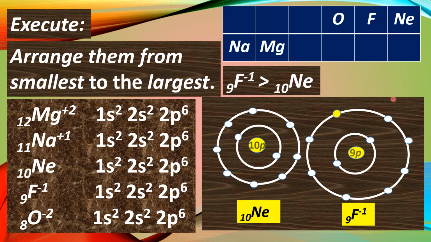And this results in greater repulsive forces among the 8 electrons. And with less nuclear charge, because only 9 protons are in the nucleus, this causes the atomic radius of the negative fluoride to be bigger than that of the uncharged neon atom.